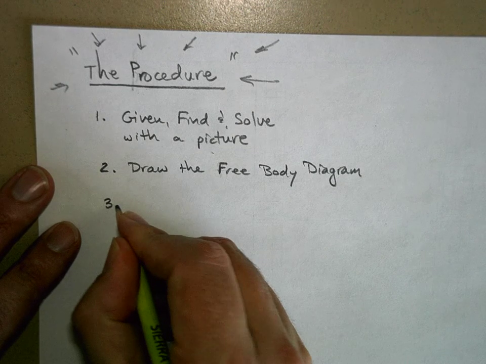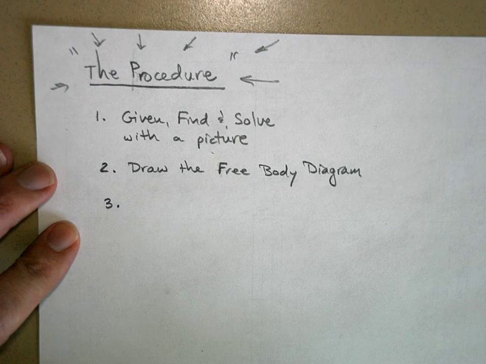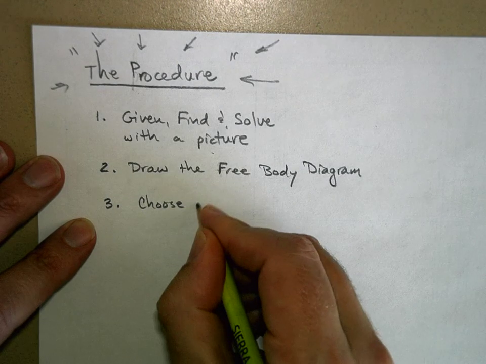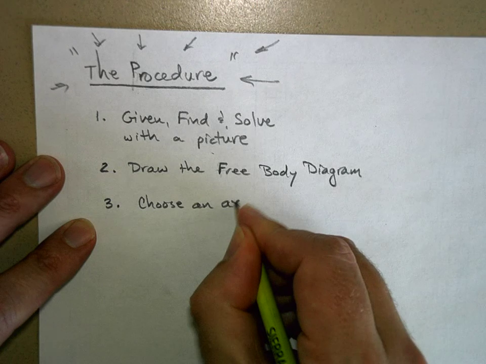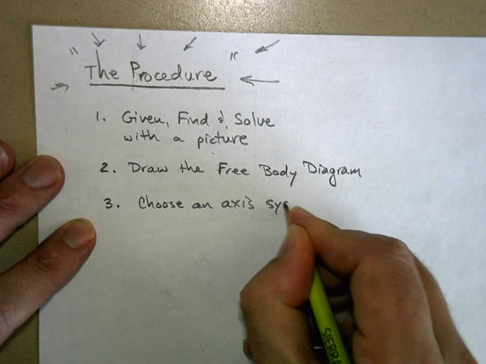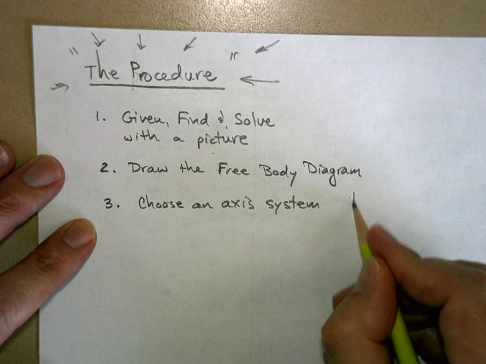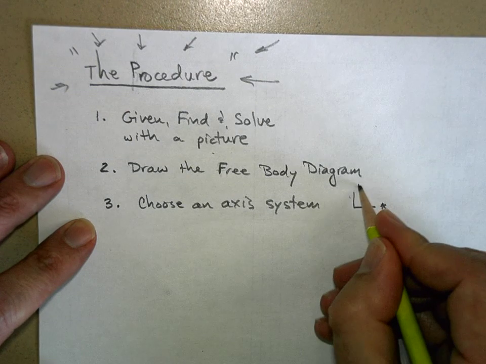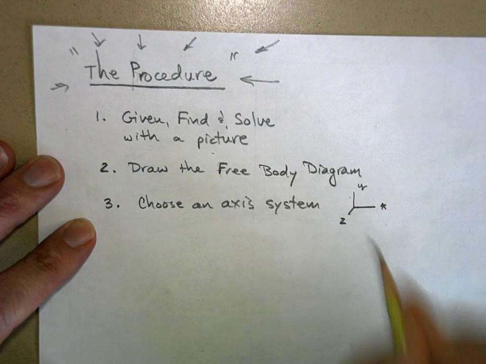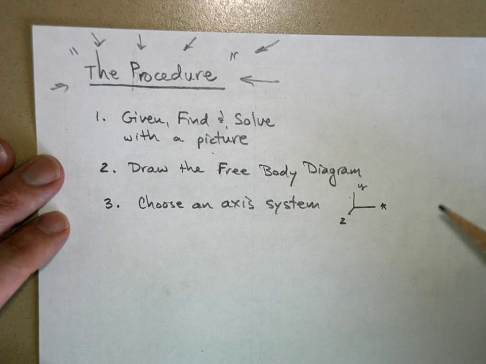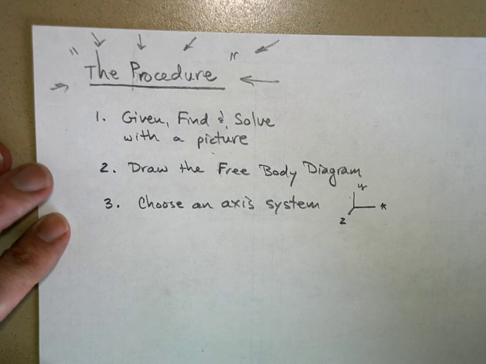Step 3, choose an axis system. Okay, now X, Y, and Z. We usually won't need Z, since most problems we're going to solve are two-dimensional problems.